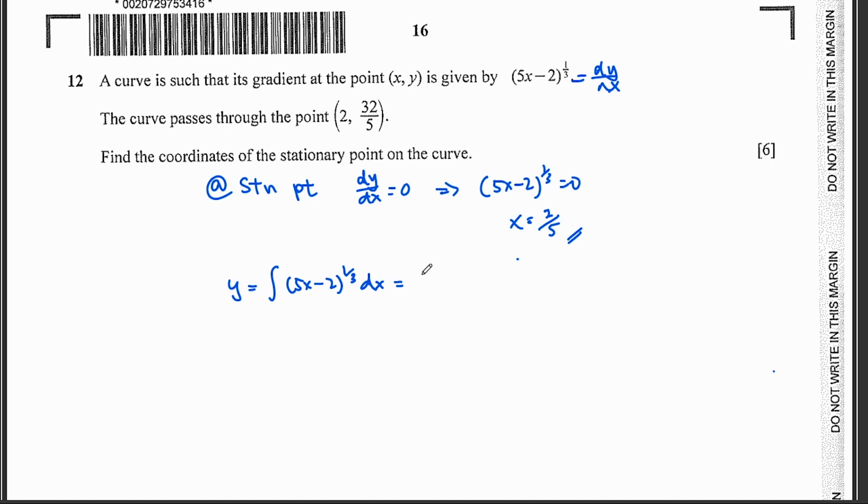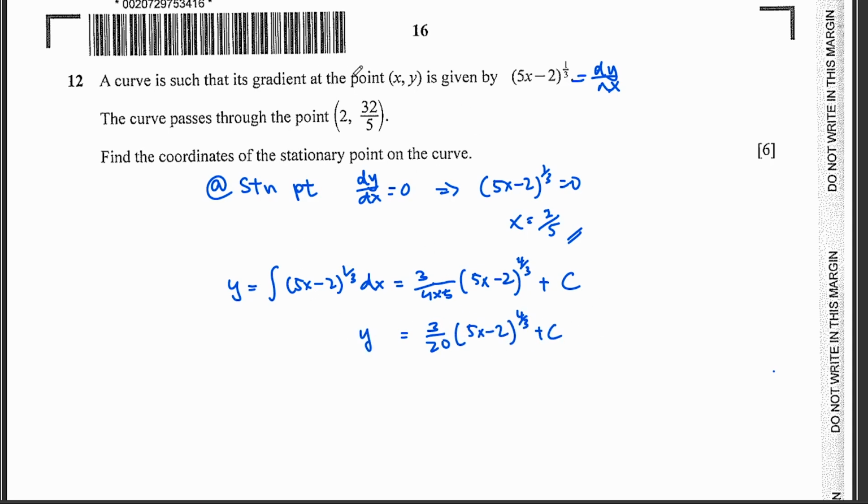So the power becomes 4 over 3 and divide by the power and divide by the derivative of the inside function. Then add 1 to the power again. Then we remember this is an indefinite integral, so we have to add a plus c behind. And we can simplify this even further. Right, so this is our y.